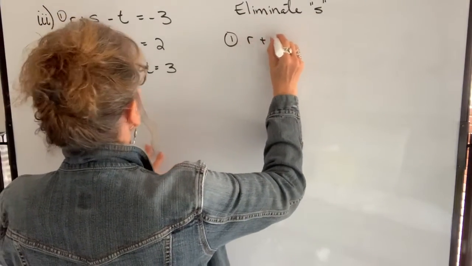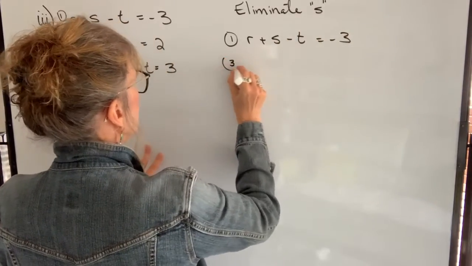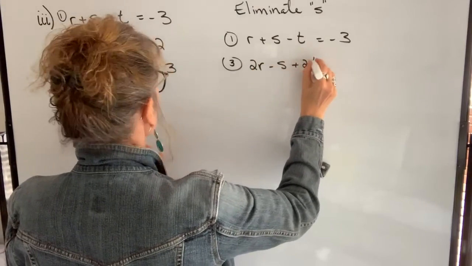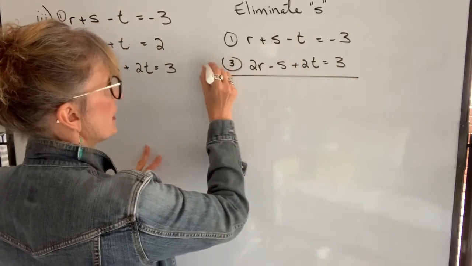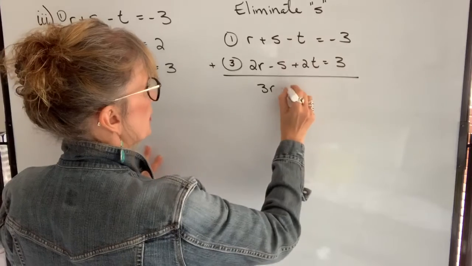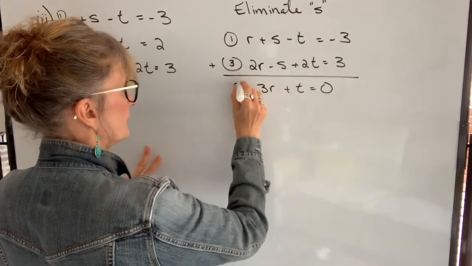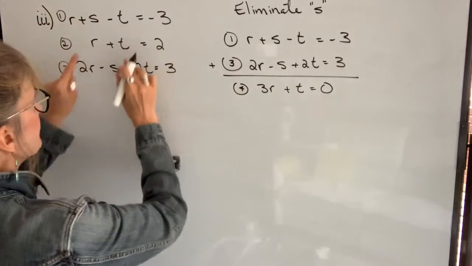So equation 1 and equation 3. Because those are opposite signs, I'll add the equations. So I'll get 3r plus t equals 0.